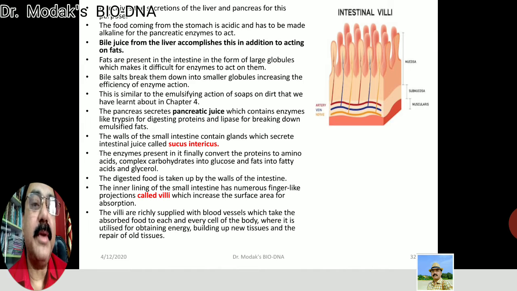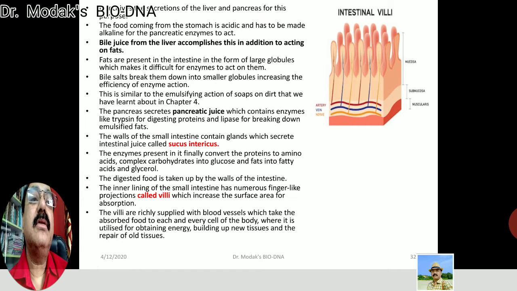There are various types of enzymes digesting and simplifying all the food material, and the pH needed for all the enzymes secreted by pancreatic juices has to be alkaline, and therefore the bile juice and the pancreatic juices make the alkaline pH in the small intestine.